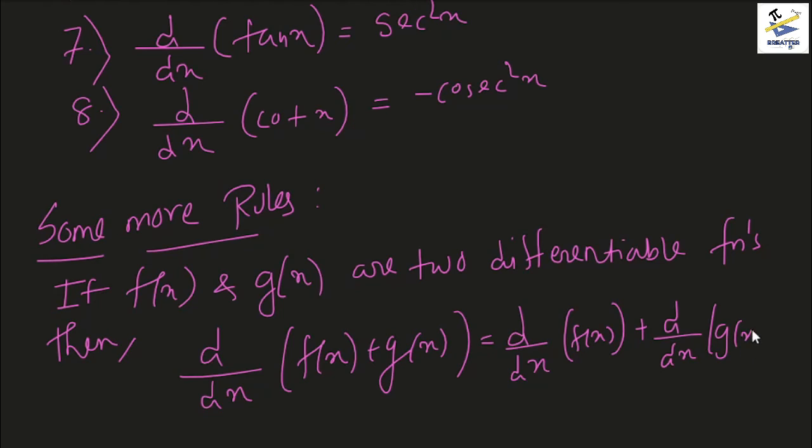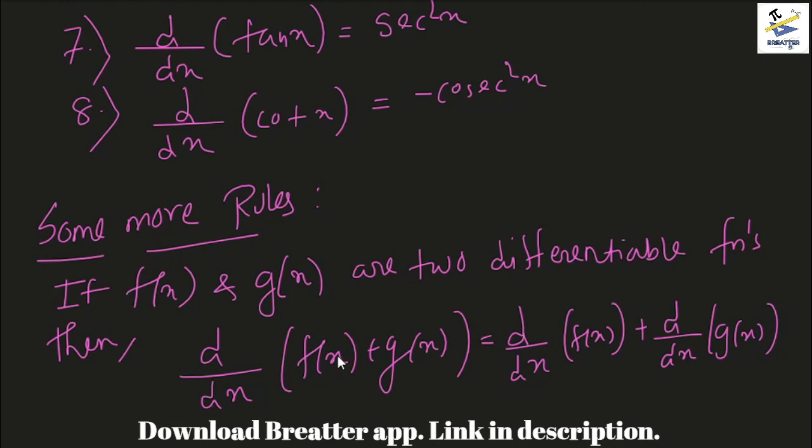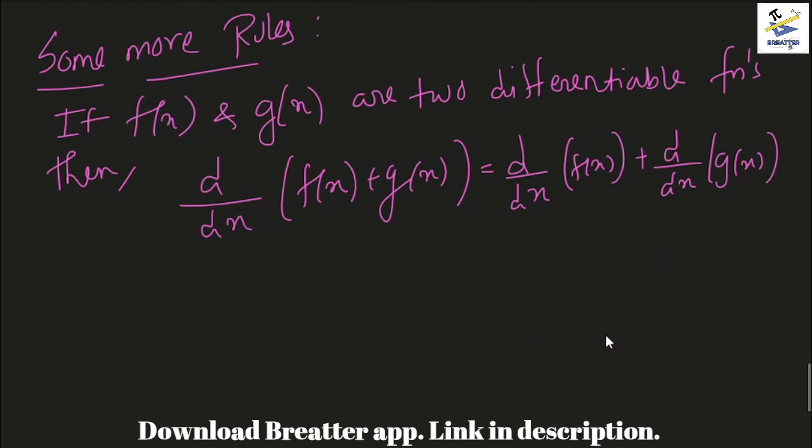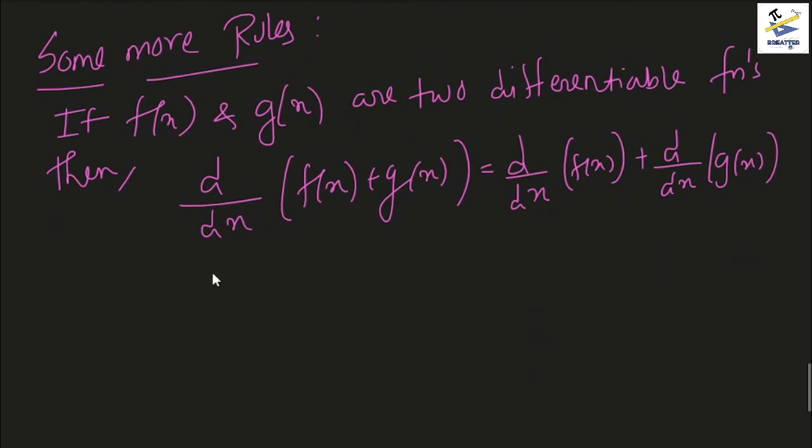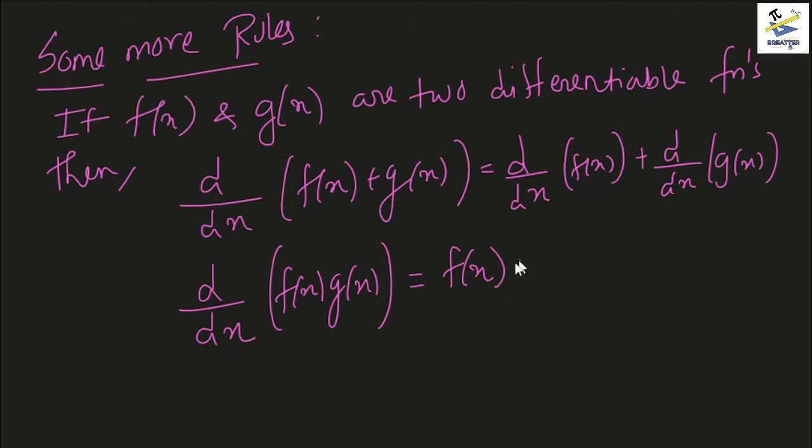So basically, if you are asked to find the derivative of the sum of two functions where both are differentiable, then the answer is the derivative of the first function added to the derivative of the second function. Similarly, if you are given the multiplication of two functions, then what you can do is try this.